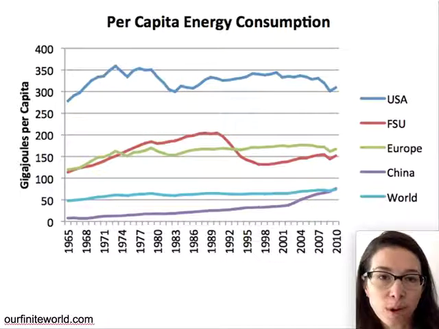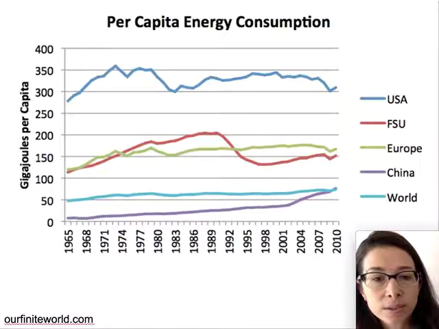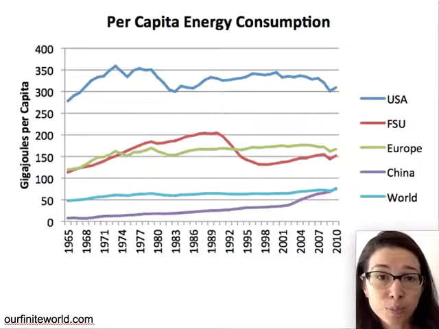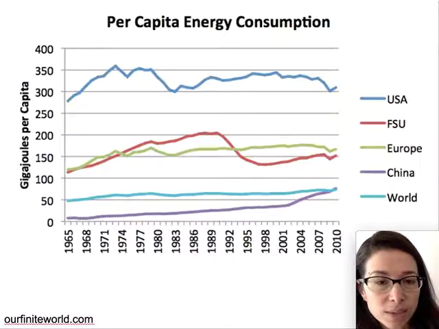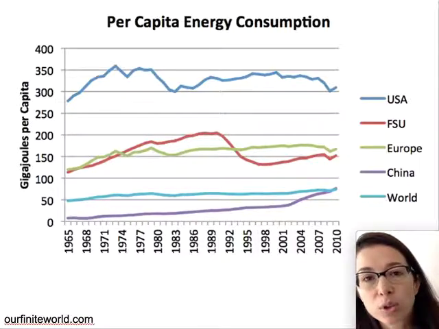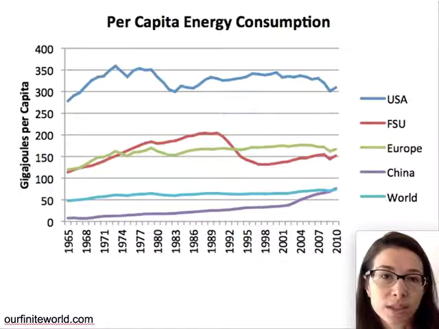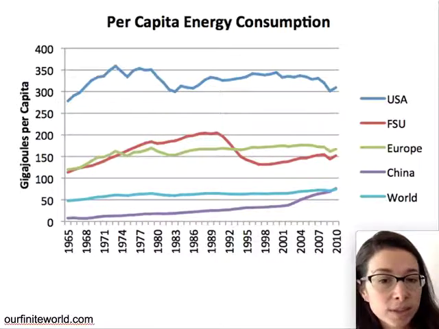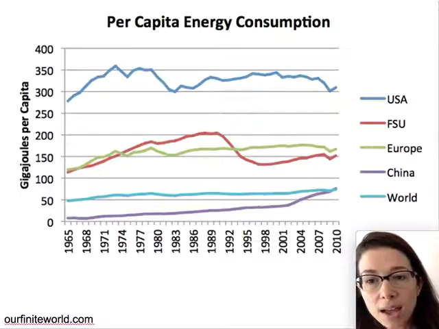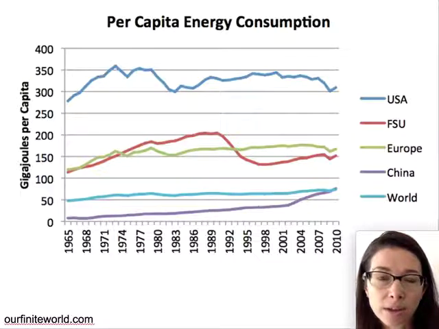They're talking about electricity in this particular case, and per capita means per person. So the amount of electricity that every person in America uses has become somewhat stable since the 60s or 70s.